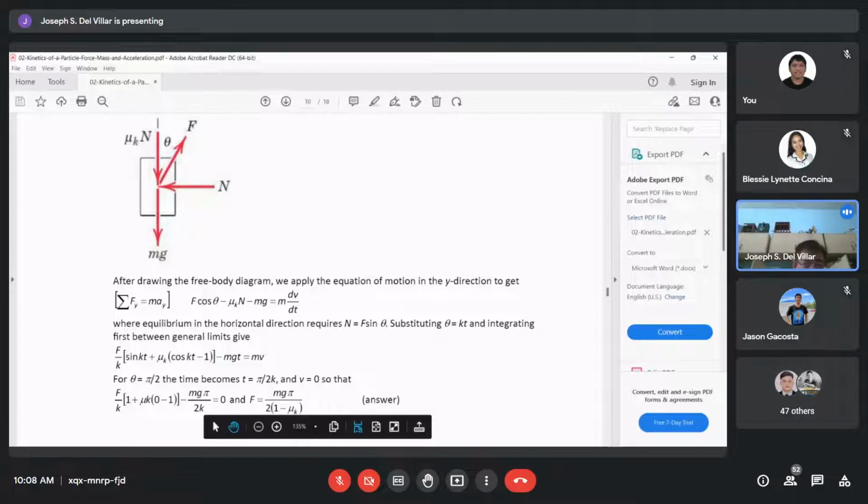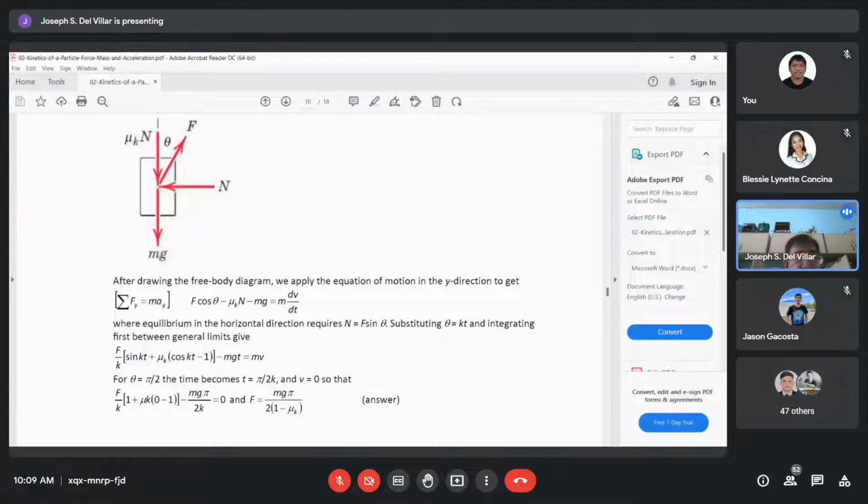Differential equation ba yan or derivative? So not yet, no? So we just formulate the equation first. So using summation of vertical forces is equal to m times a sub y, and a sub y is written in derivative form, no? Yung m times dv over dt. Okay?